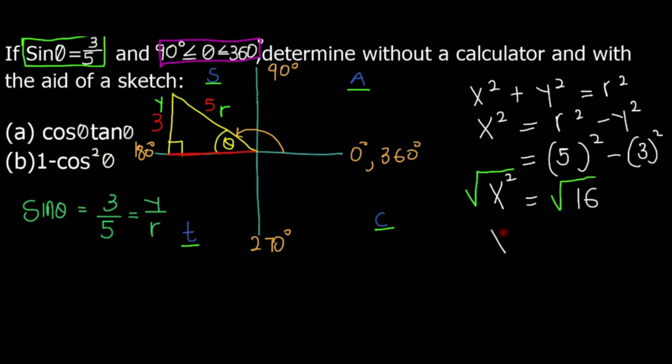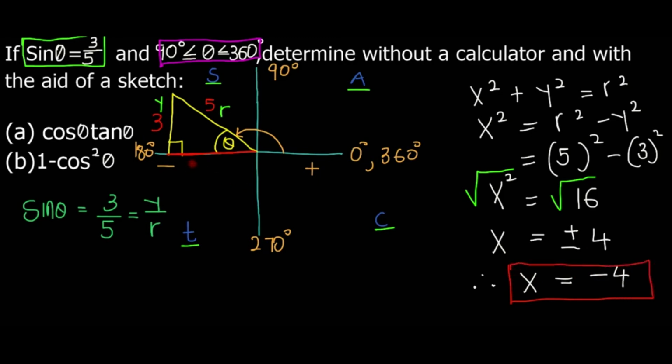So this means x is equal to plus or minus 4, because any number when you square root it is plus or minus. But you can see that on this Cartesian plane we know that here are the positives and here are the negatives, so it means our value of x must be negative. Therefore x is equal to minus 4 is our value of x.